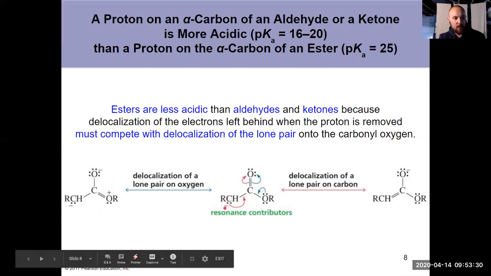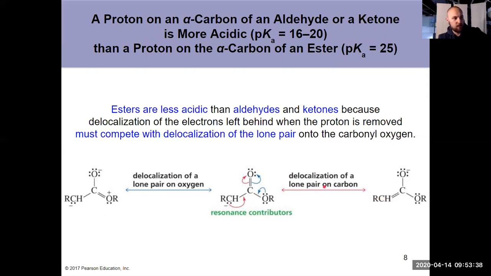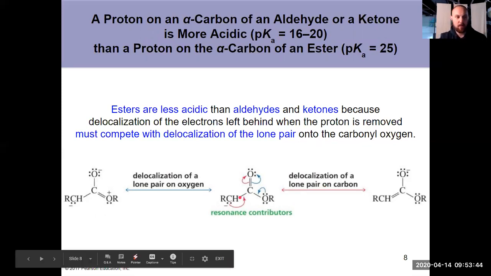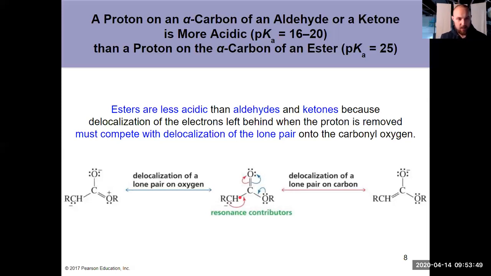But we compete with electrons being delocalized from the ester itself. So notice there's two different contributors on the left and the right side there. Because of that competition, it's less readily able to bear that electron pair. So esters are less acidic than aldehydes and ketones are.